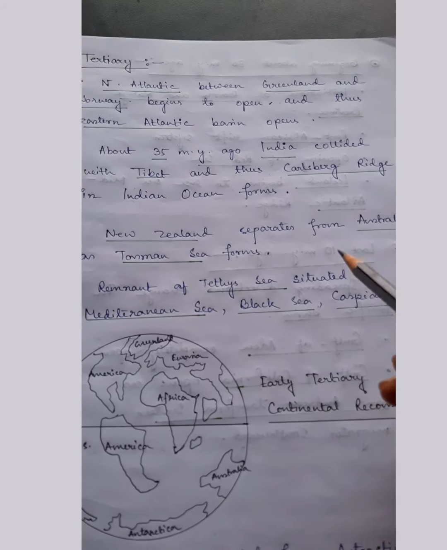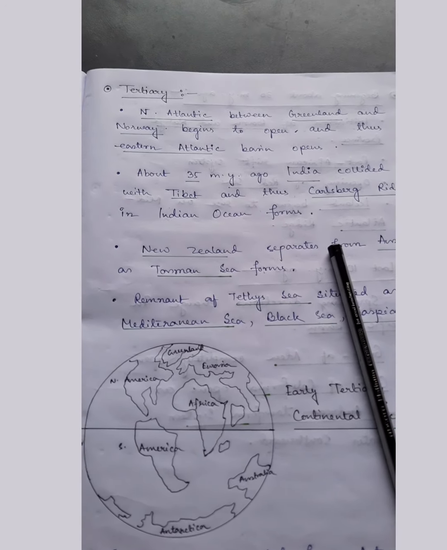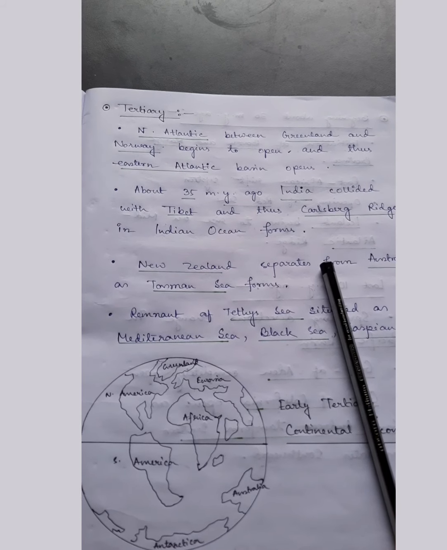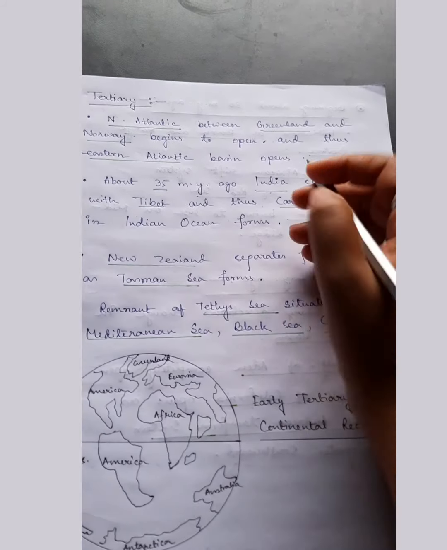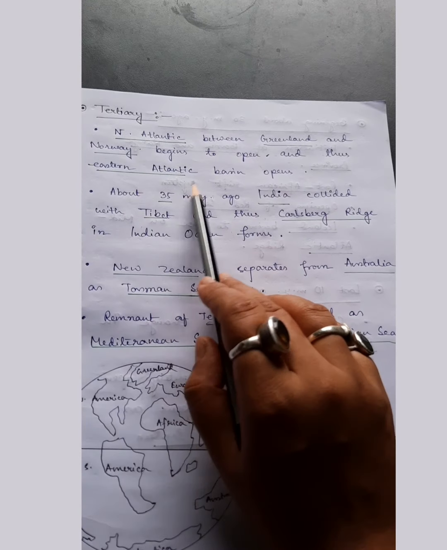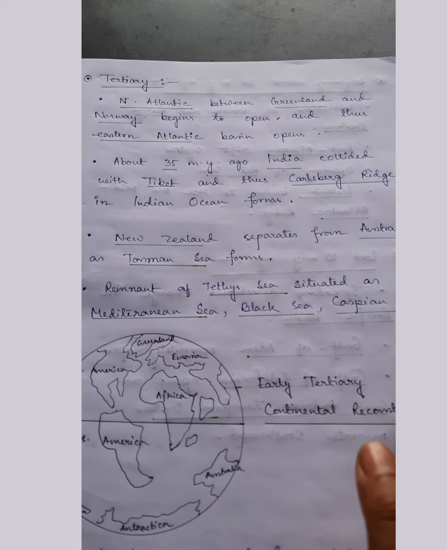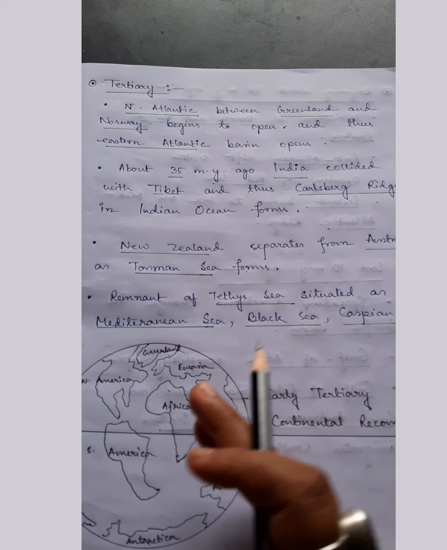After that, in the Tertiary period, the Himalayan mountains and the Alps, all these new fold mountains, have been created from the Tethys Sea. So the North Atlantic between Greenland and Norway begins to open up, and the Eastern Atlantic basin opens, because Greenland and Norway started to drift apart, Norway from Europe and Greenland from North America.